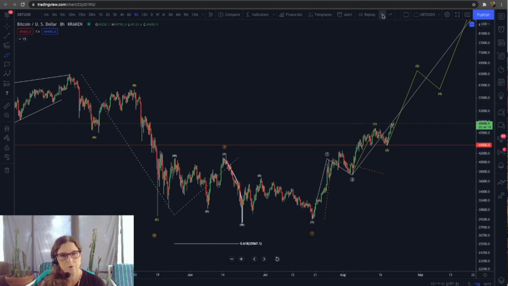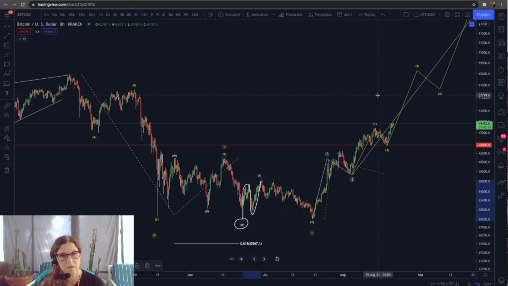So the next question probably is, well, if we ended here, why can't this be a wave 1 and a wave 2? Because this is a 3-wave move. I have dug into this so deep that I am pretty confident that that is a 3-wave move.